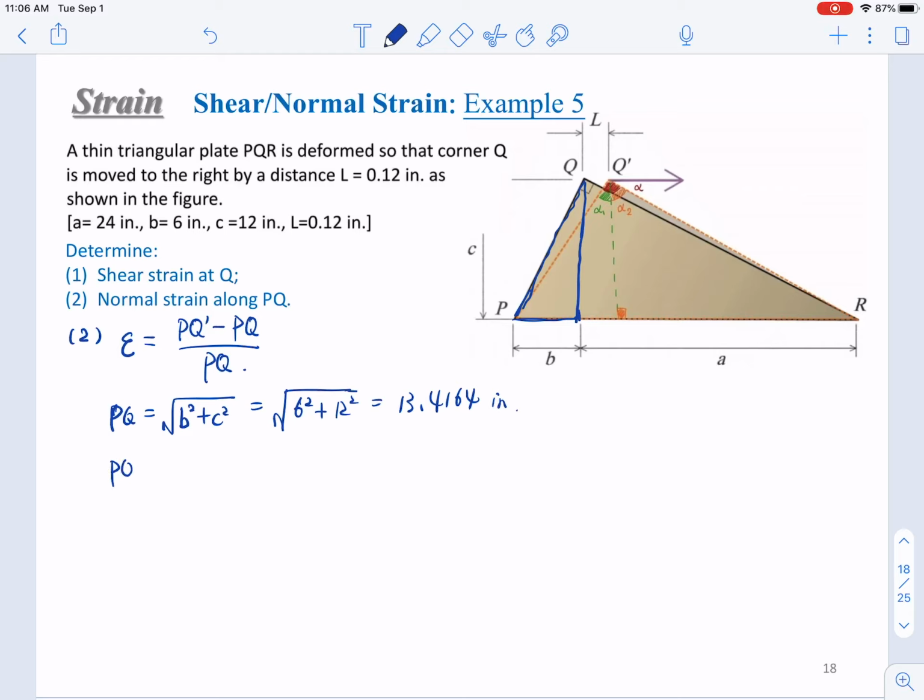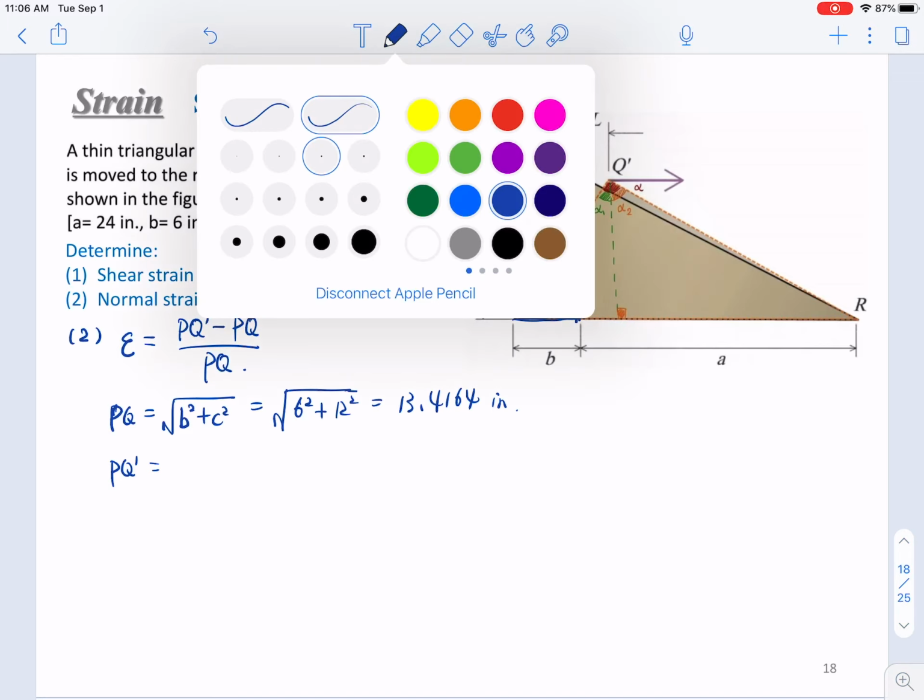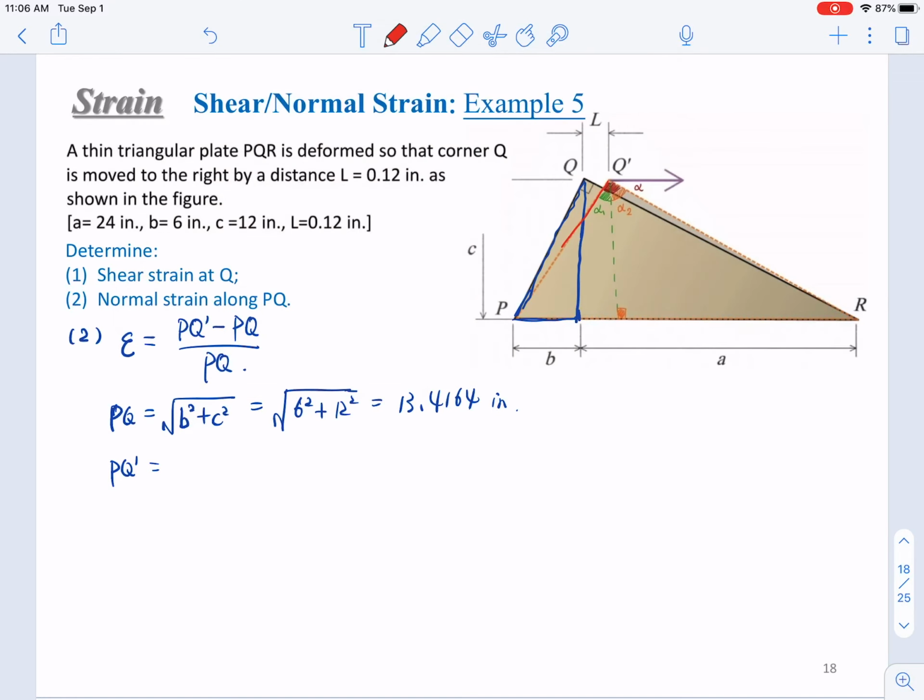Then how about PQ prime? We have to find PQ prime from the red triangle here.